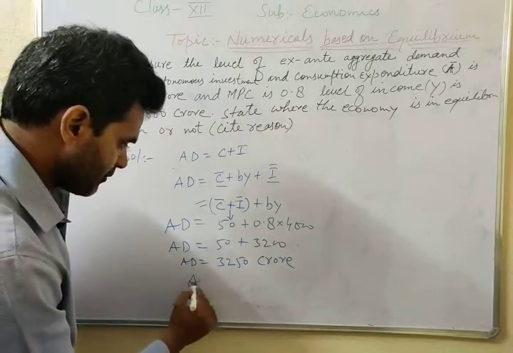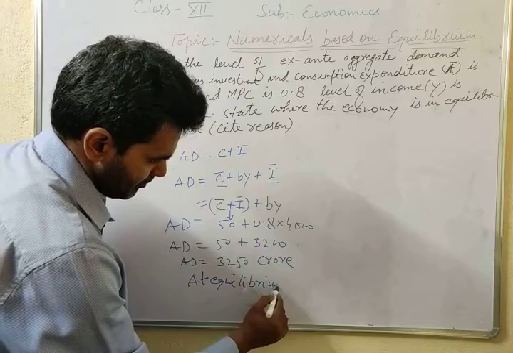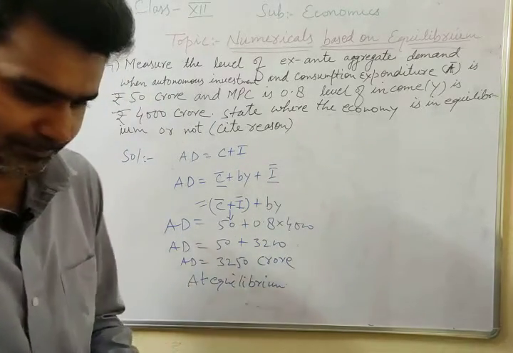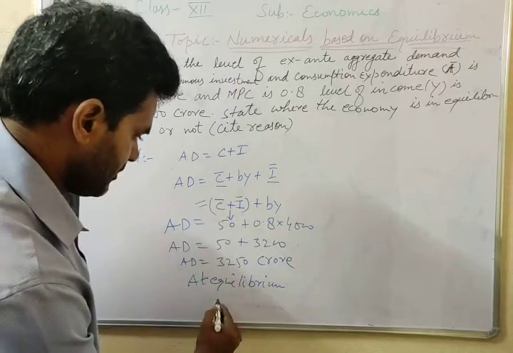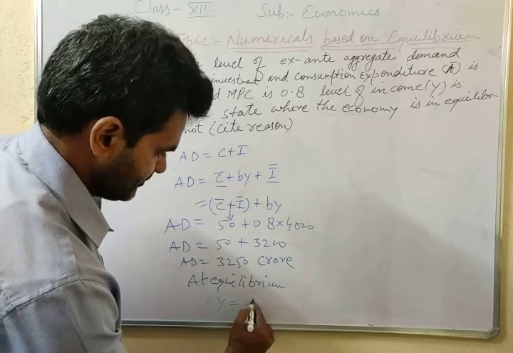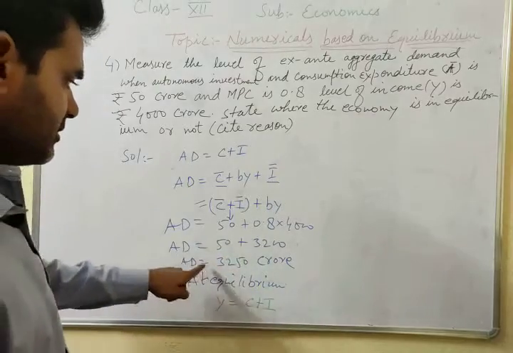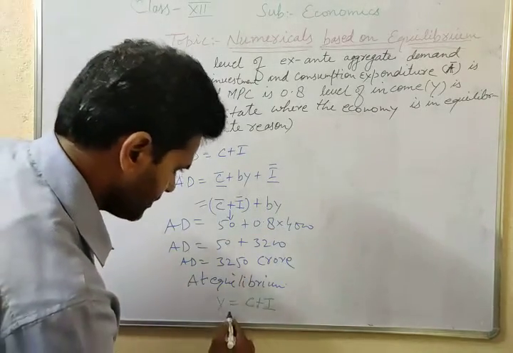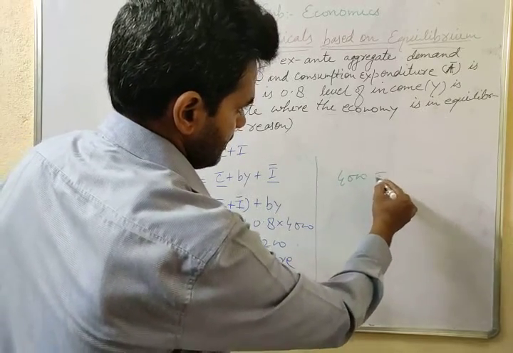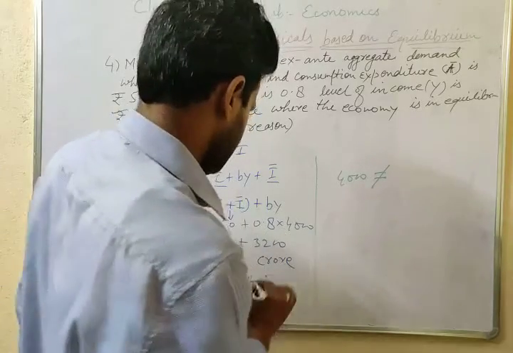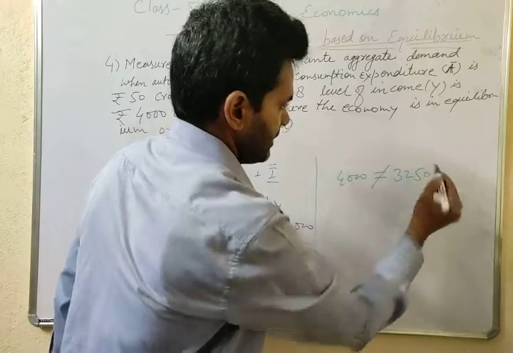So at equilibrium, what will happen? This is the condition of equilibrium, that Y is equal to C plus I. And what is C plus I? AD. So Y is given, which is 4000. So 4000 is not equal to C plus I. How much have we calculated? 3250.